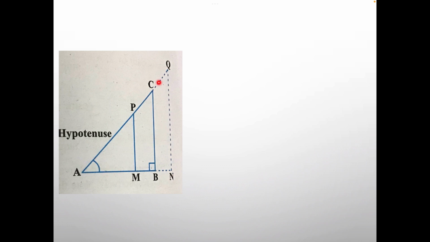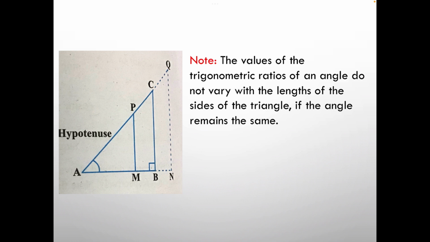Even if the lengths of the sides vary, the trigonometric ratios will remain the same because the angle is the same. The values of the trigonometric ratios of an angle do not vary with the lengths of the sides of the triangle if the angle remains the same.